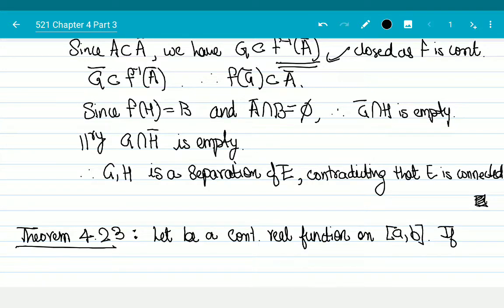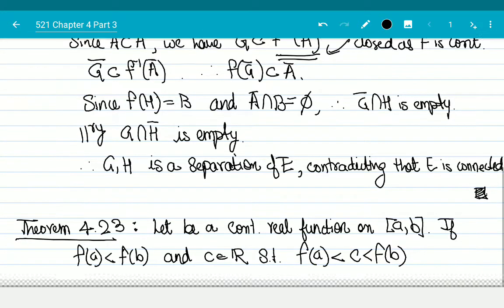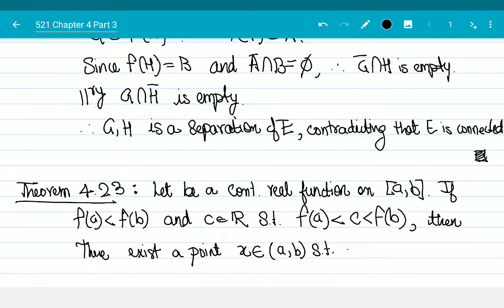If f of a is smaller than f of b and c belongs to R such that f of a is smaller than c smaller than f of b, that is to say it lies between f(a) and f(b), then there exists a point x belonging to [a, b] such that f of x is equal to c.